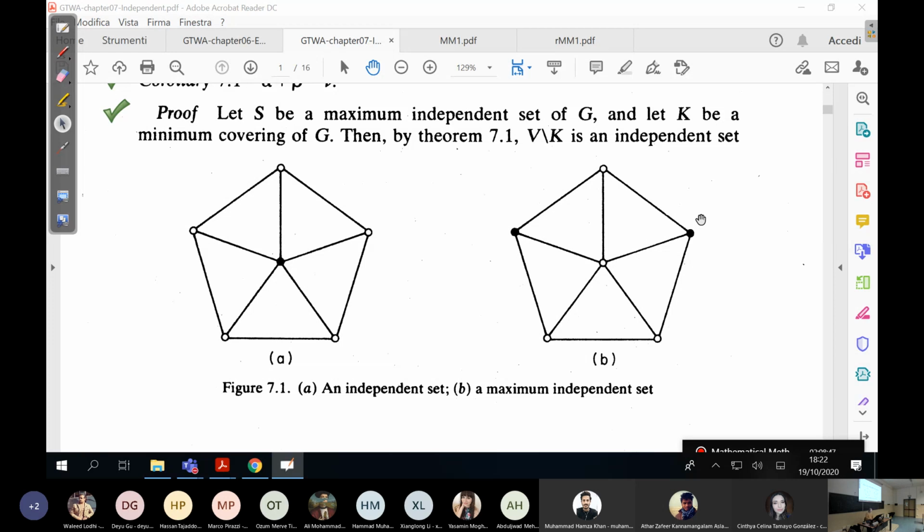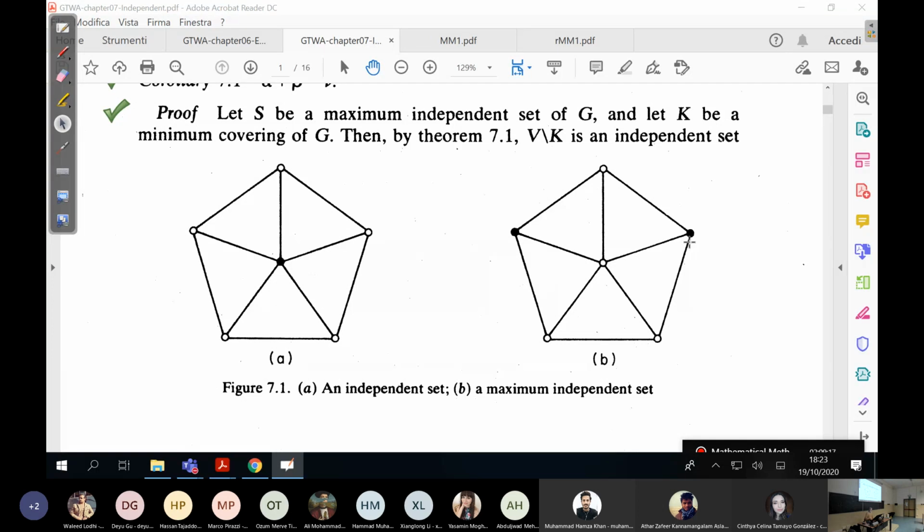And here you have a maximum independent set. It is independent, and you can try with brute force. You would write down all possible sets of 3 vertices, and you'll see that it's impossible to have an independent set of 3 vertices.